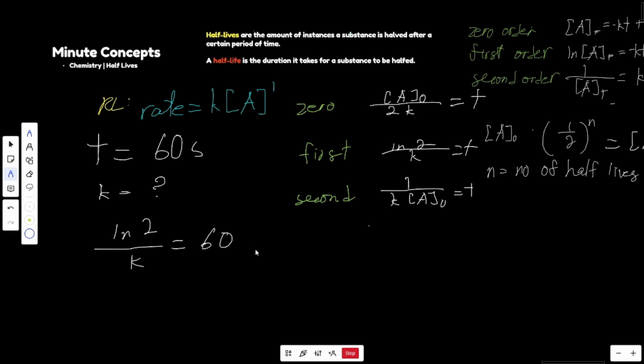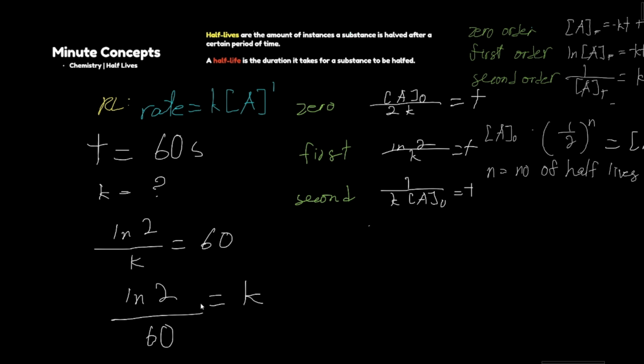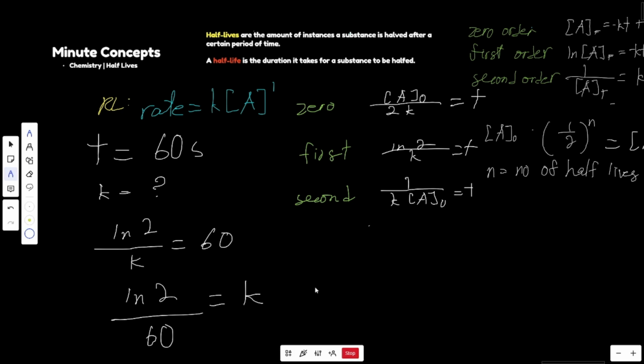Rearranging that, we would get K is equal to ln2 over 60. ln2 divided by 60 would be equal to 0.0115, and so on. Rounding off to one significant figure, that's just 0.01 per second. So let that put into perspective how we would be using all of these others.